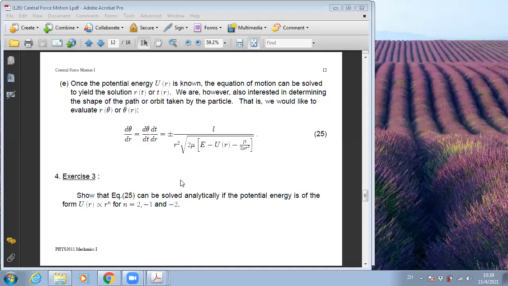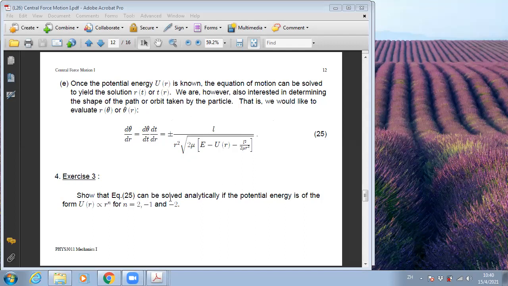Okay. Now, last time we talked about the trajectory equation, d theta dr. In order to find the trajectory, we need to perform the integration. We integrate this equation to obtain r as a function of theta, or theta as a function of r.